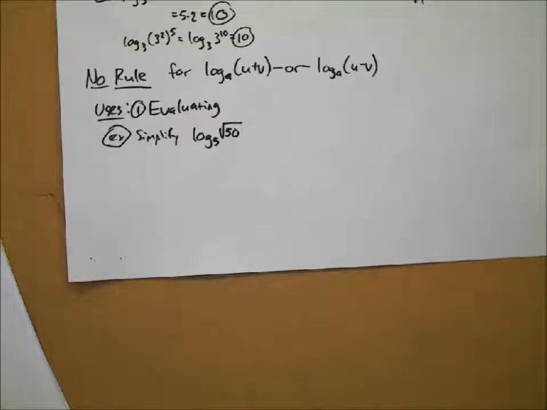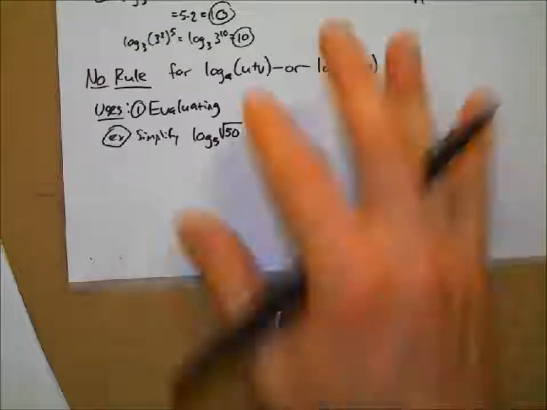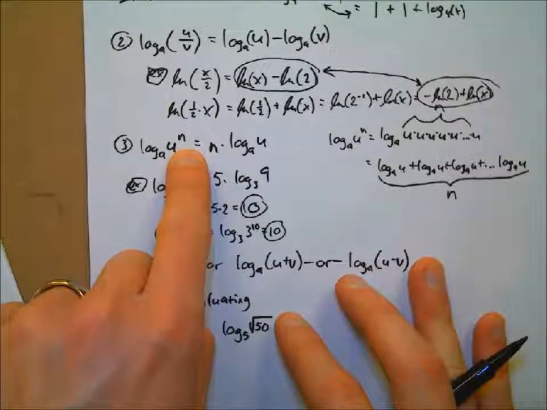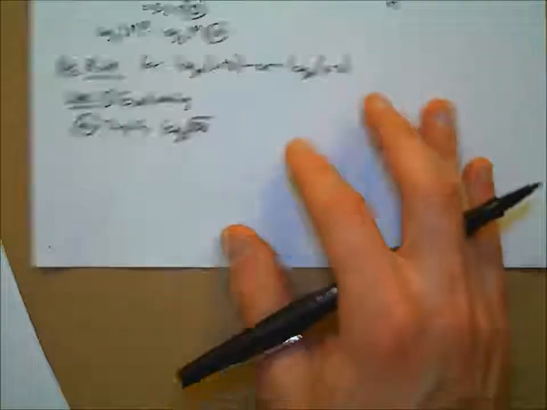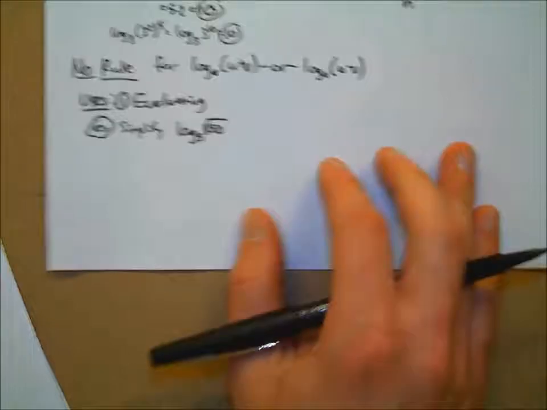So I don't immediately see a product here that I could break up. I also don't immediately see a division, or a quotient, that I could break up. And I don't really see u to the n, where I could bring the n out front. But how can we rewrite a square root? A square root is the same thing as what exponent?